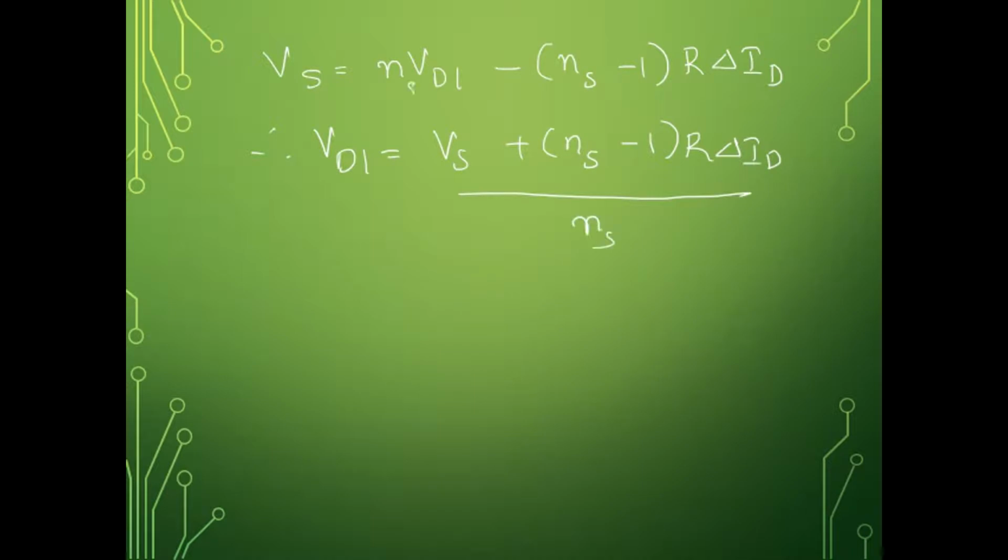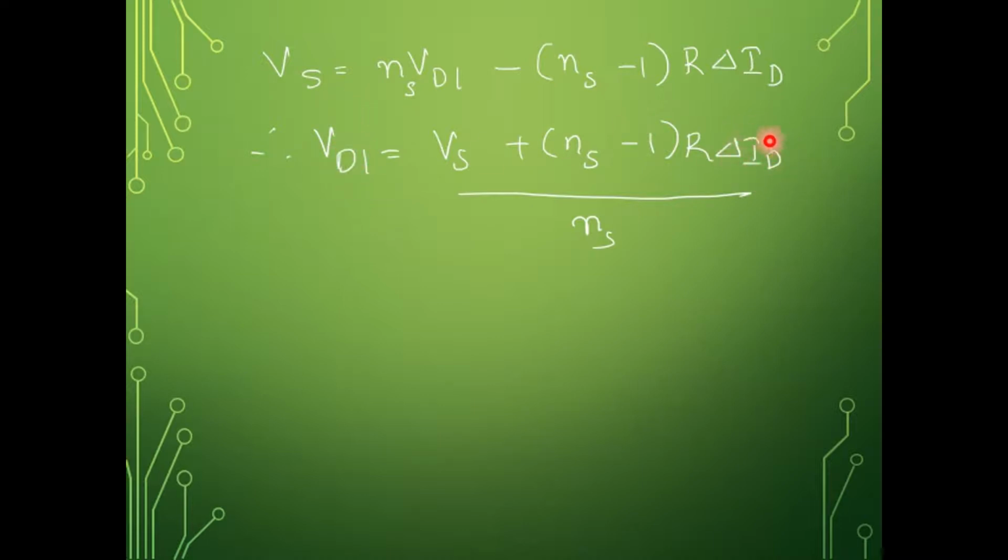Sorry, this is Ns. Here what it tells us is the voltage across the first thyristor depends not only on the current which is flowing and the supply voltage, but it also depends on the number of thyristors which are connected in series.